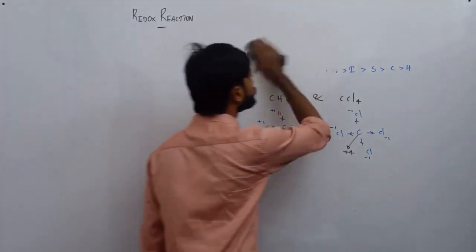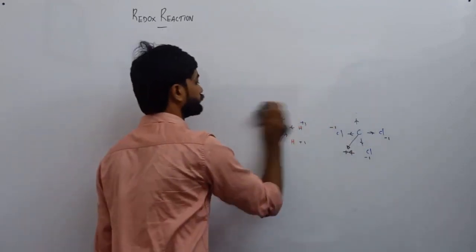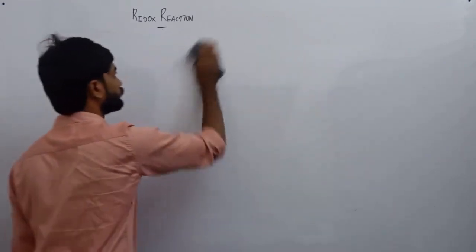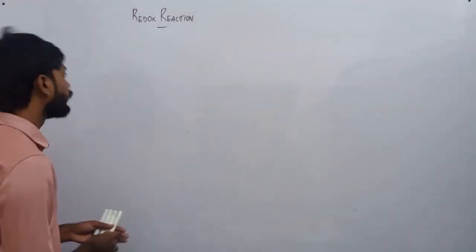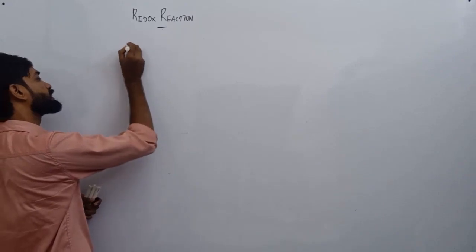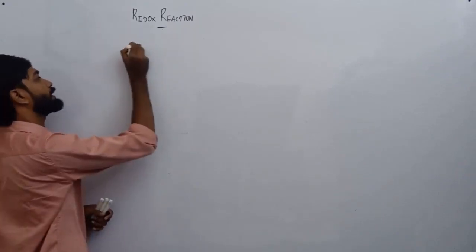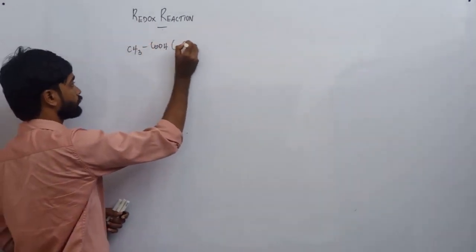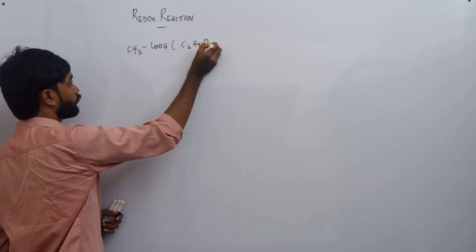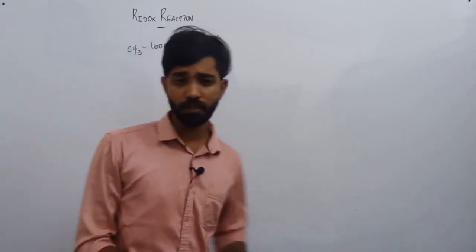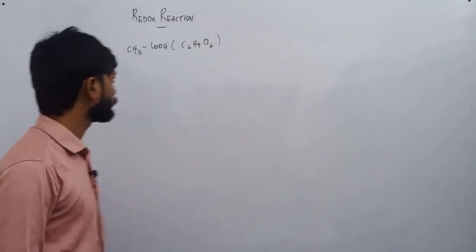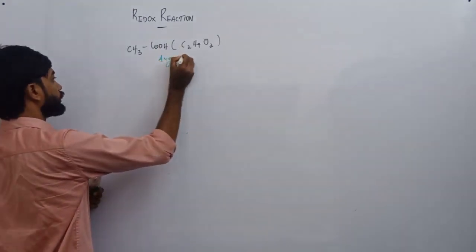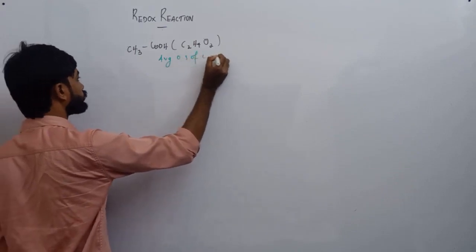Listen. In the previous section we discussed ethanoic acid, CH3COOH, which means C2H4O2. Using the formula, twice the number of oxygen minus number of hydrogen divided by number of carbon, we discussed the average OS of carbon equals 0. Right?